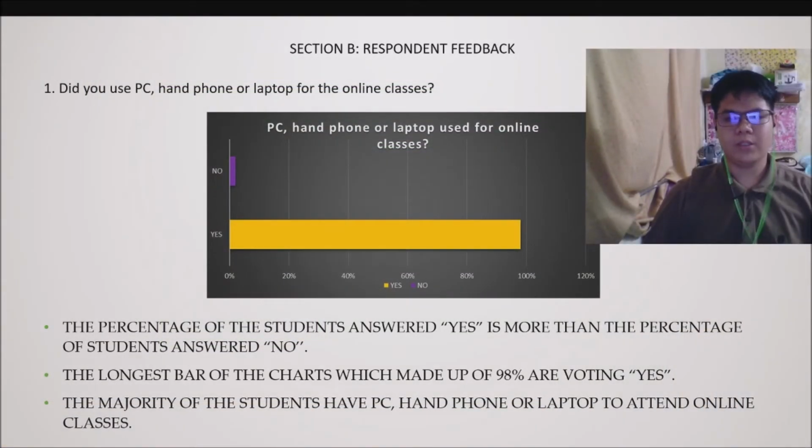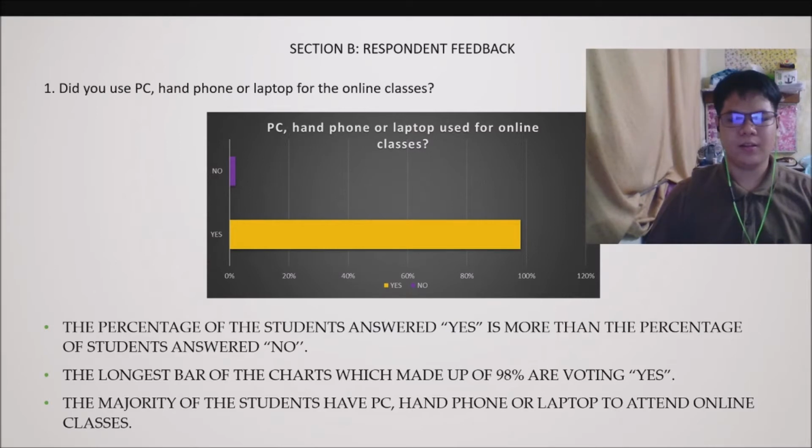My name is Shang Yi, matric number 10DTK19F1004. This bar graph indicates yes or no for whether respondents use a PC, handphone or laptop for online class.